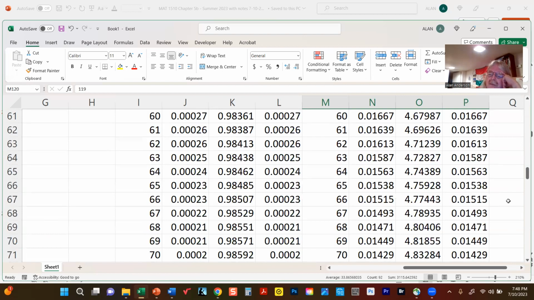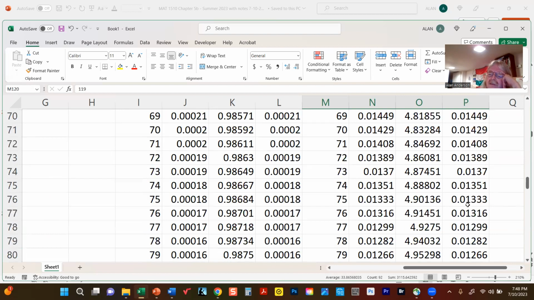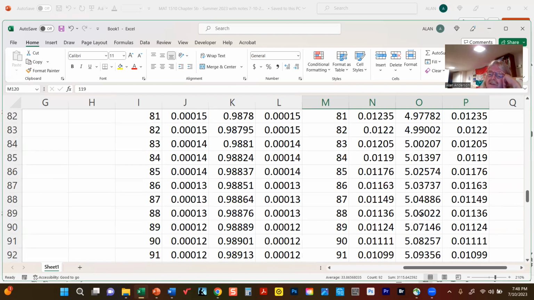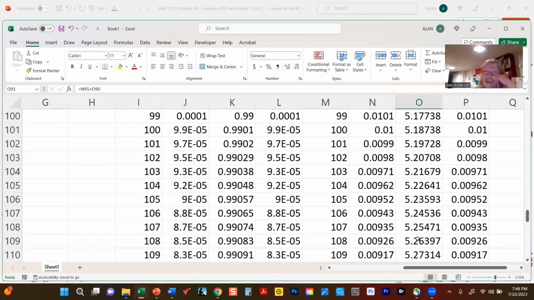I think the problem here is not so much that the differences are getting smaller, but in spite of that, the numbers themselves, that's really what the holdup is. Even though these differences are getting smaller, the actual sums are not giving any indication that they're getting closer and closer to a specific value.